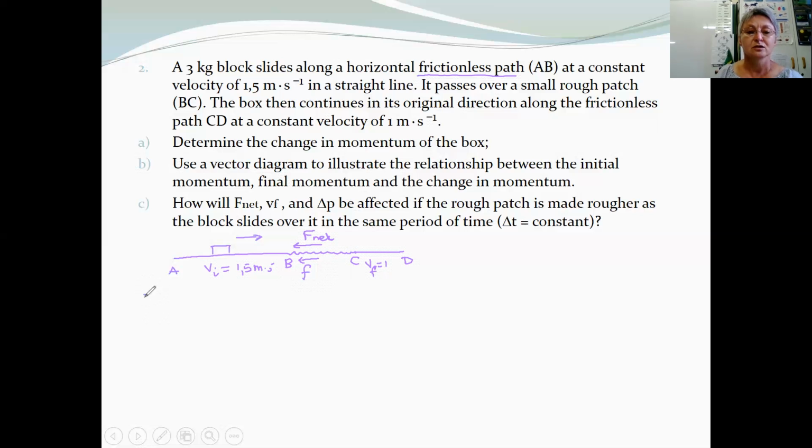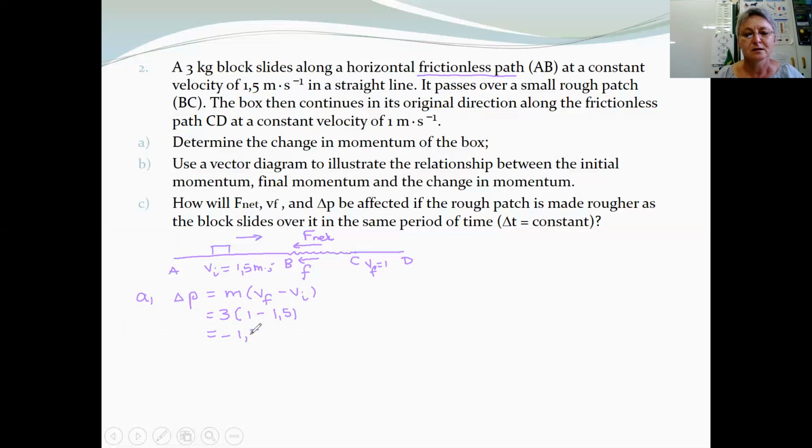Question 1 asked us to determine the change in momentum of the box. So the change in momentum is the mass of the box times the change in velocity, which is Vf minus Vi. Now the box continues moving towards the right according to my sketch. So it's 3 times (1 minus 1.5). In this case, we see that the change in momentum is a negative value.